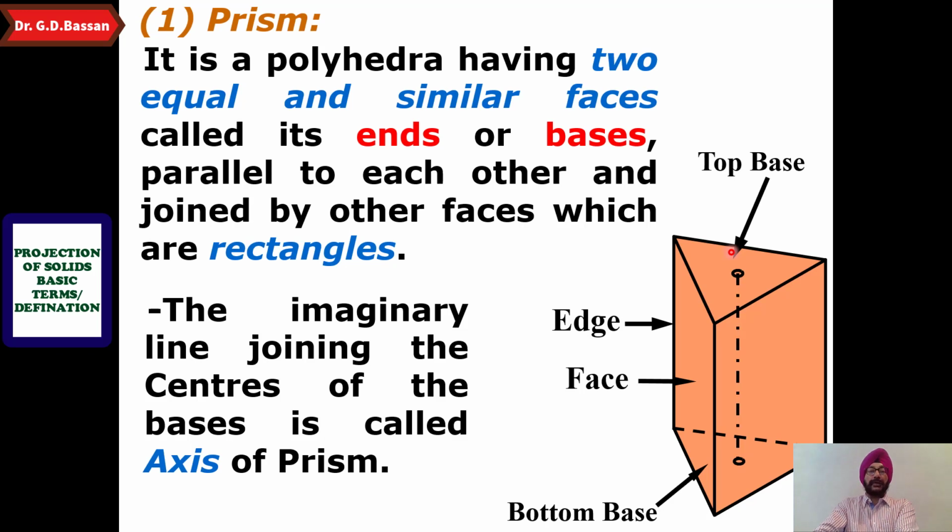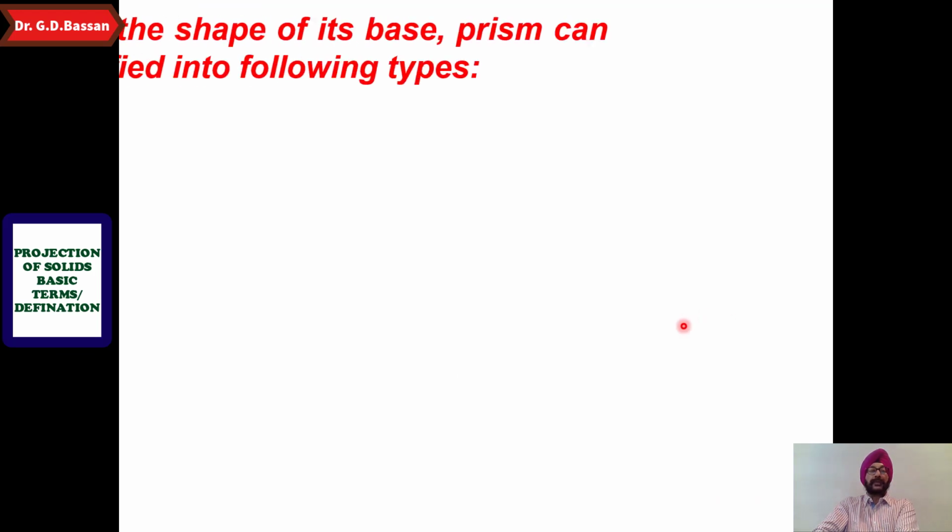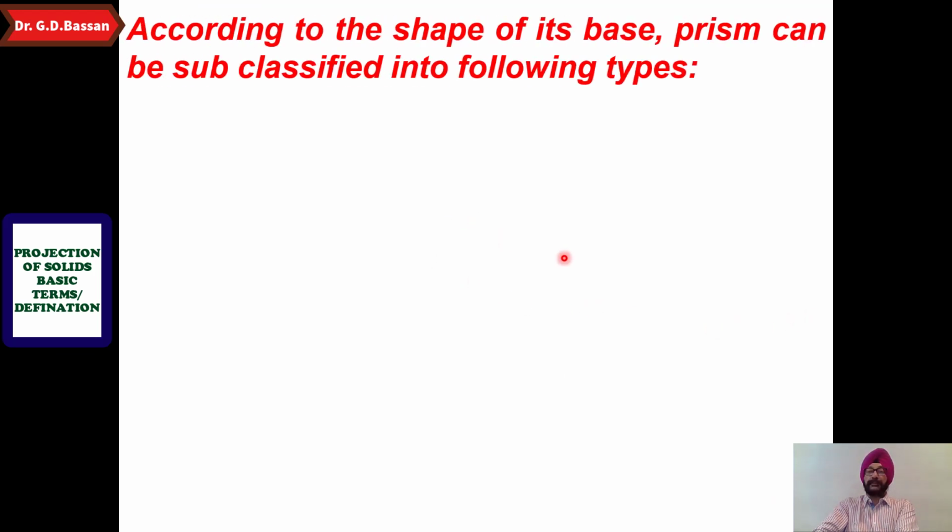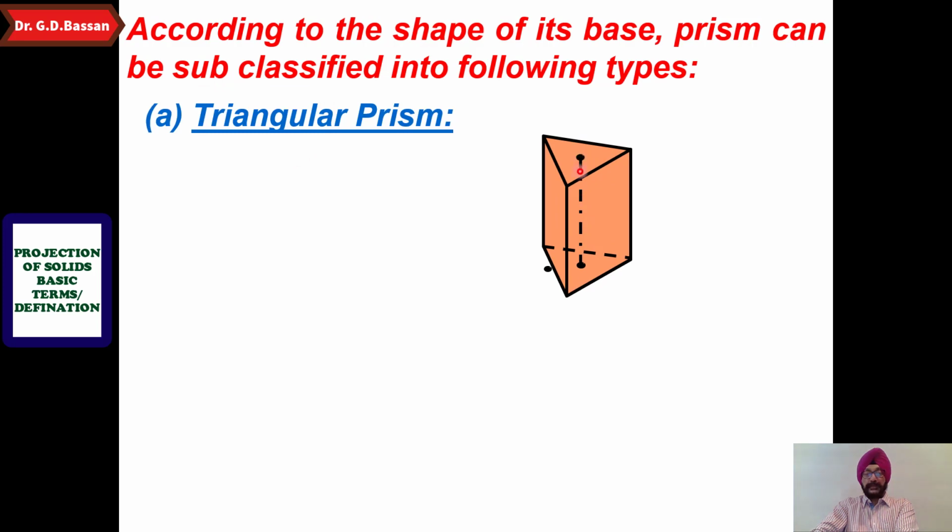Depending upon the shape of the base, we classify prisms into different categories. According to the shape of the base, a prism can be sub-classified into different types. When the bases are triangles, it is known as a triangular prism.